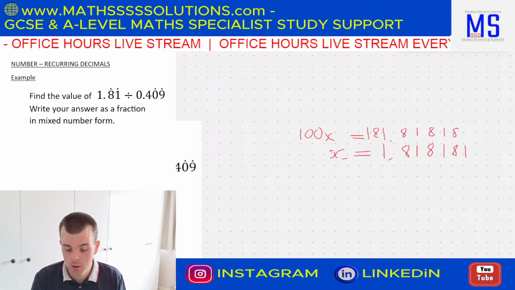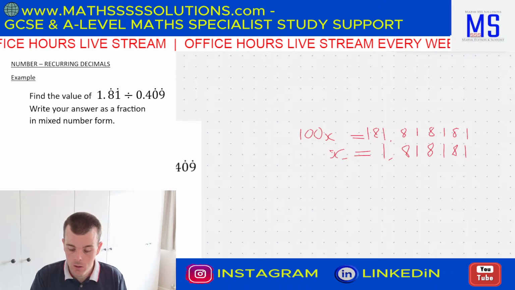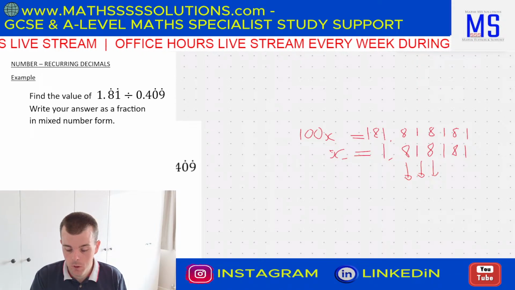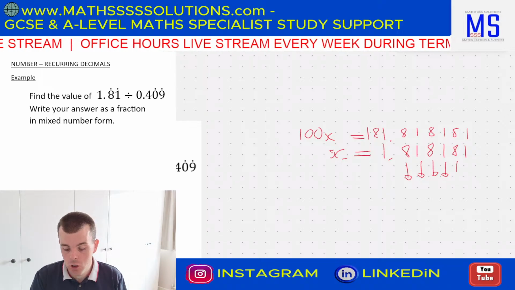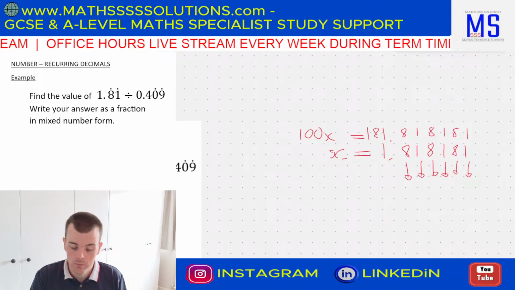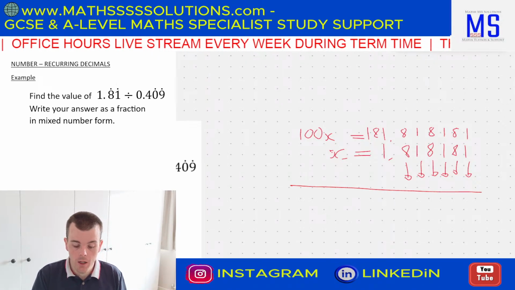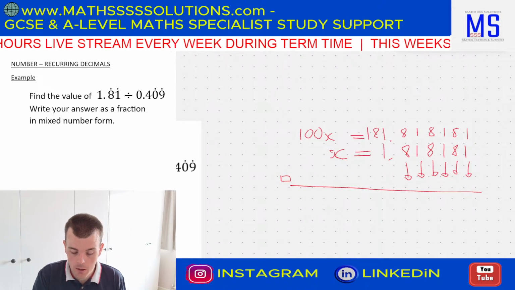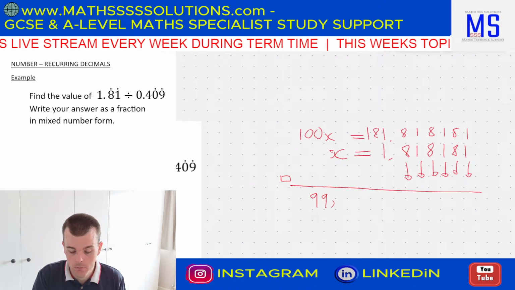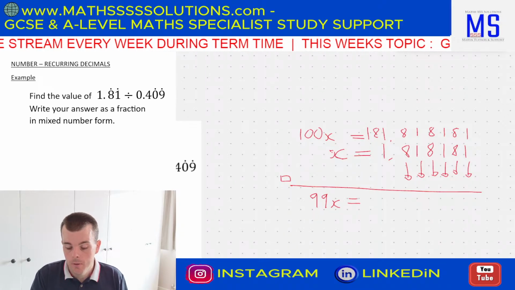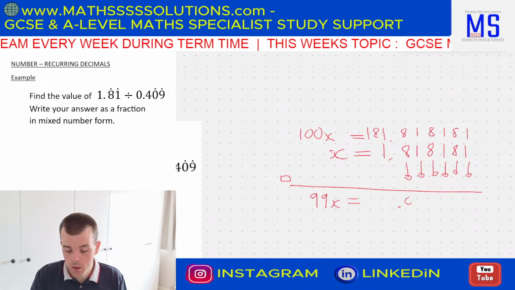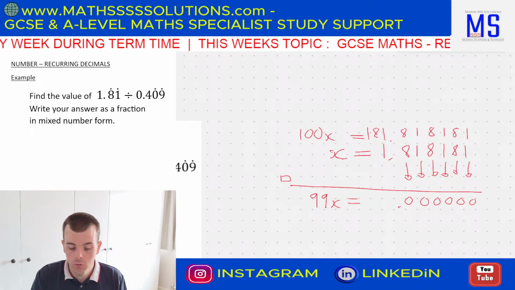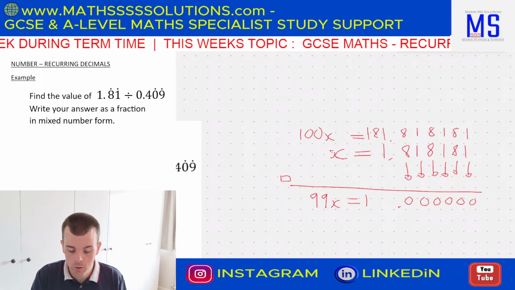The idea is you're trying to line the recurring part up, so when you come to subtract them, they all disappear to leave a terminated decimal. 100x take away x is 99x. Everything after the decimal point here goes to 0, which is good, it terminates. And 181 take away 1 is 180.